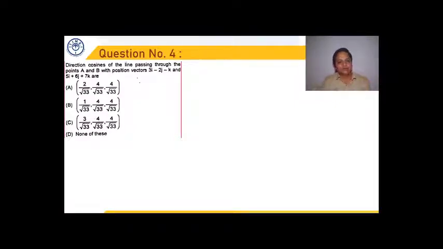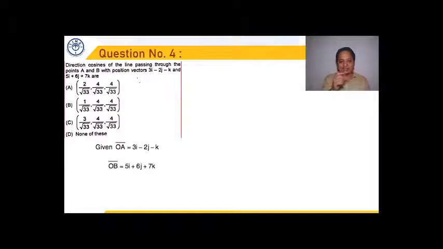So the line is passing through 2 points A and B, and the position vectors of A and B are 3i minus 2j minus k and 5i plus 6j plus 7k. Can we say OA vector is 3i minus 2j minus k, and OB, the position vector of point B with respect to origin O, is 5i plus 6j plus 7k.